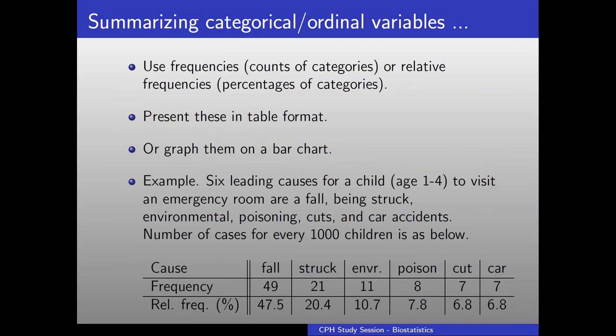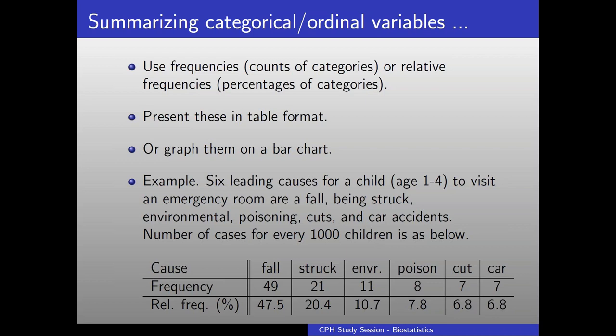One of the things you can do with categorical variables is use frequencies. As I said, categorical variables have no order, they just have distinct categories. So one of the things you can do is physically count the number of each category that you see. Okay? Now, maybe the counts are not as reflective of what you want to show because it just shows counts.